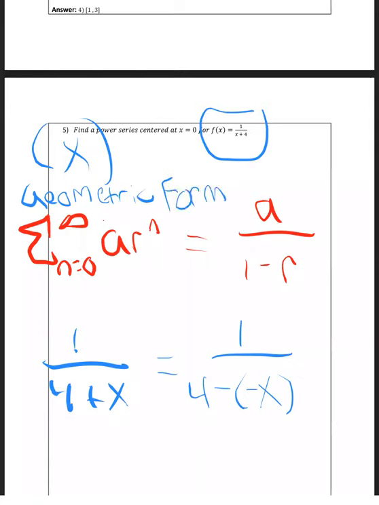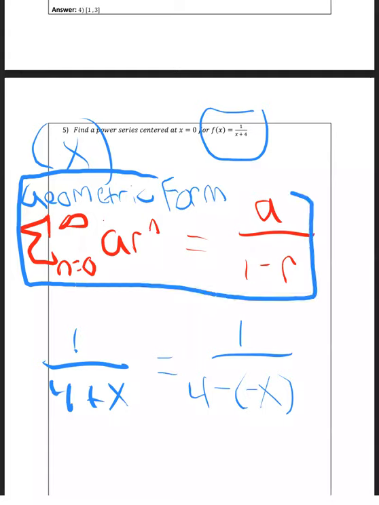Why do they put it as 1 over x plus 4? Well, the reason why they put it that way is to complicate your life, if I'm gonna be completely honest. They want to see how you can manipulate.